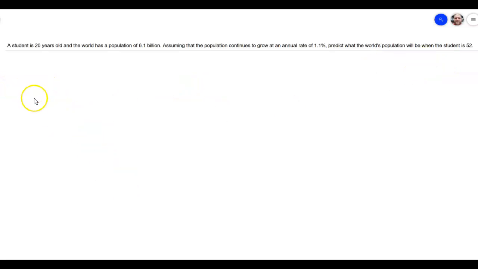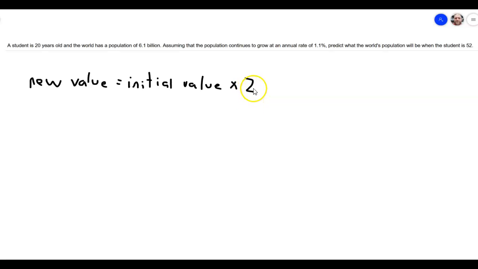It's going to say the new value, and this is in section 8C, is equal to the initial value times 2 raised to the power of little t over t double.